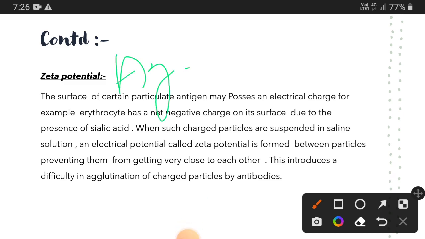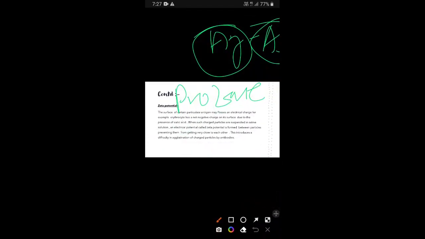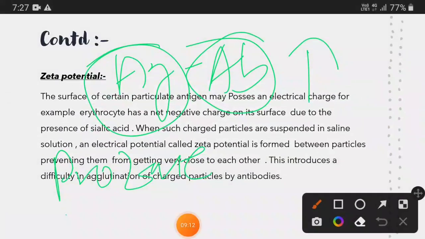Another important thing, that antigen antibody should be in equal amount. If so, then only successful agglutination will occur, and if in antigen antibody reaction antibody is in excess amount, there will be inhibition of agglutination and it will be known as Prozone effect.